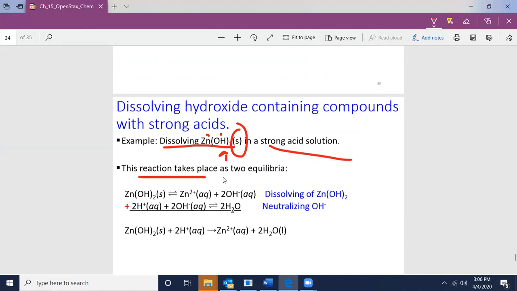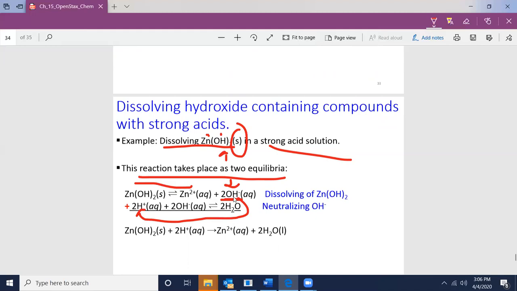This reaction takes place as two equilibria. First, the dissociation of the solid into the zinc and hydroxide ions is very small, but whatever it is, some of that is going to come out. If we react this with the added acid, we are again going to use Le Chatelier's principle.